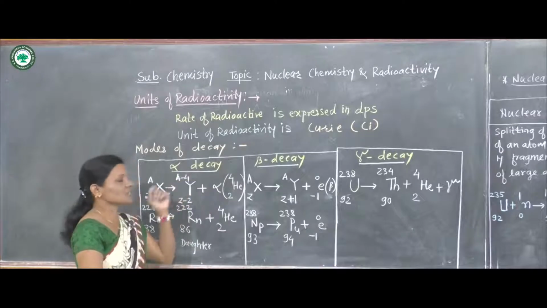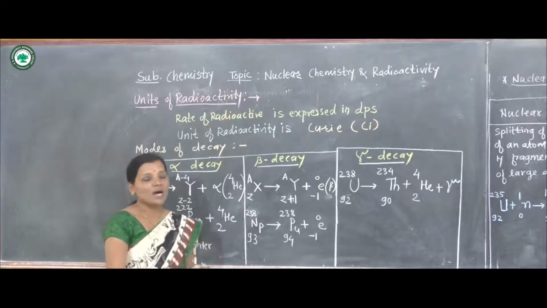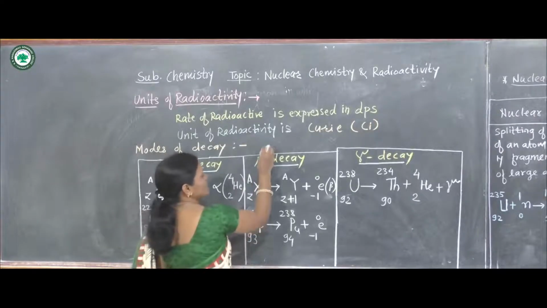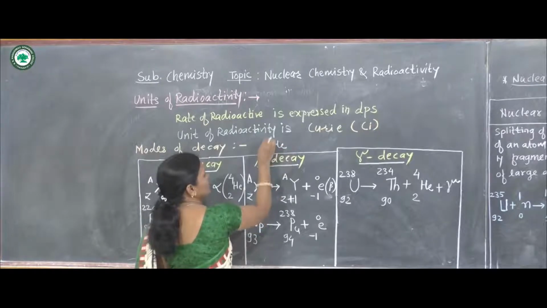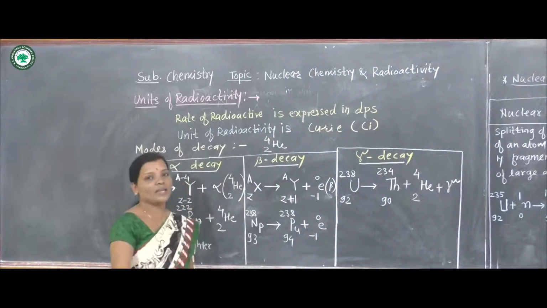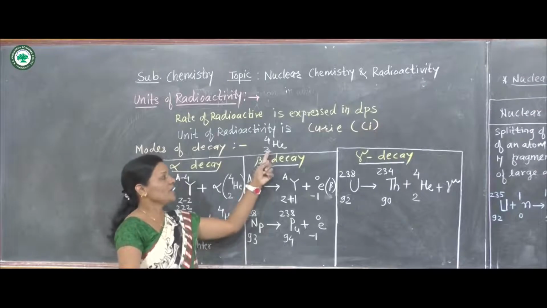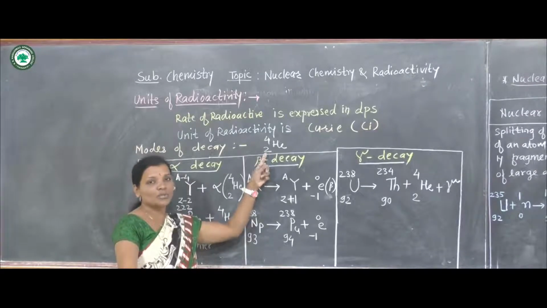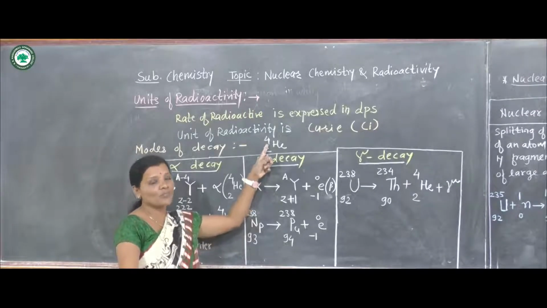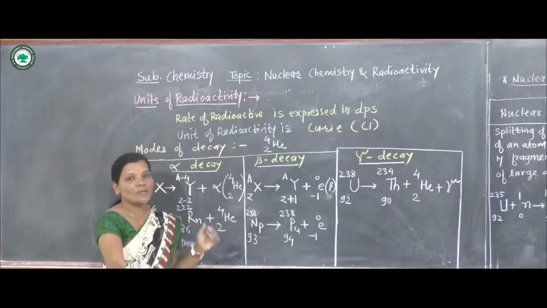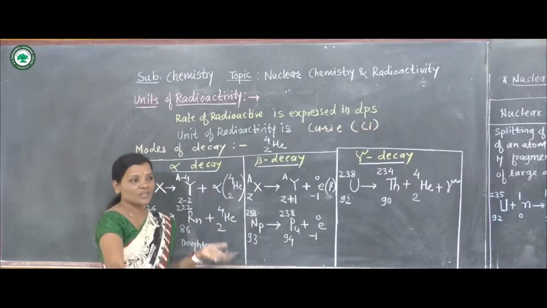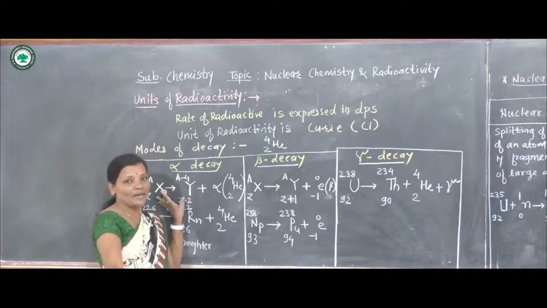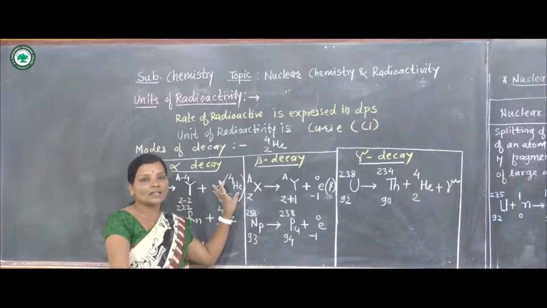Now let us first see what is meant by alpha. The alpha particle is indicated by the helium nucleus. Helium has atomic number 2 and mass number 4. When an alpha particle is emitted, the radioactive element is transformed into another nucleus.